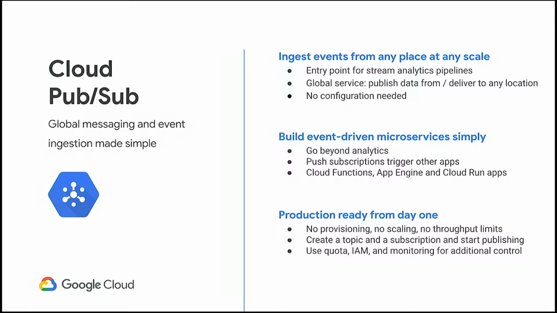Beyond streaming analytics, beyond data ingestion, you also can build an event-driven microservices architecture. You have access to push notifications. You can trigger things like Cloud Functions, App Engine jobs, or Cloud Run applications. And lastly, because there's no provisioning involved or no scaling issues that you have to worry about, you are ready for production pretty much from day one.